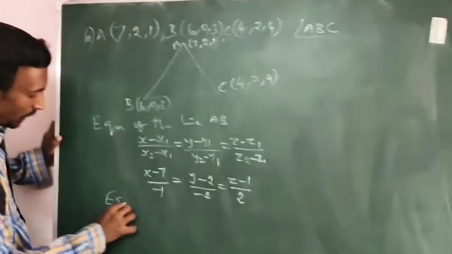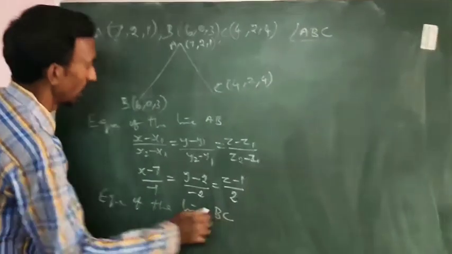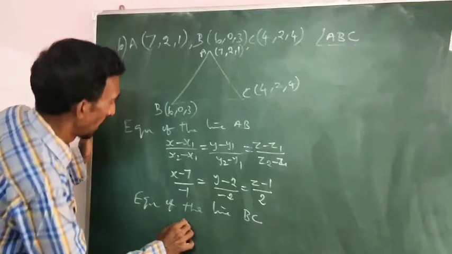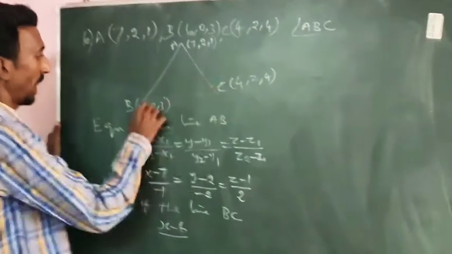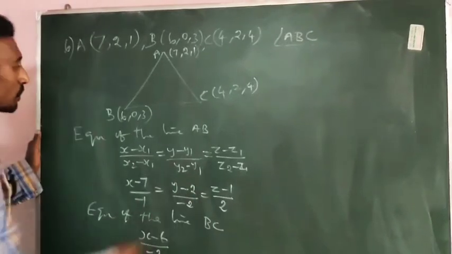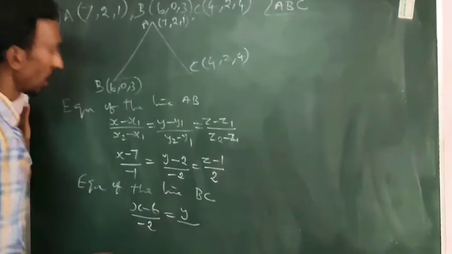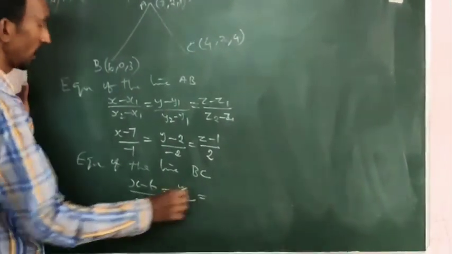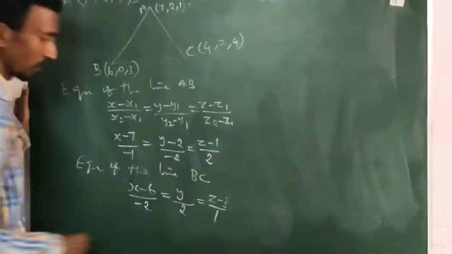Similarly, find the equation of the line BC. So obviously (x minus 6) by (4 minus 6), that is minus 2. Okay, so (y minus 0), that is y, by (2 minus 0), that is 2, equal to (z minus 3) by (4 minus 3), that is 1.